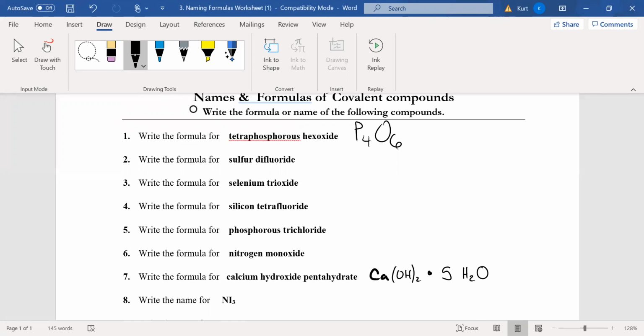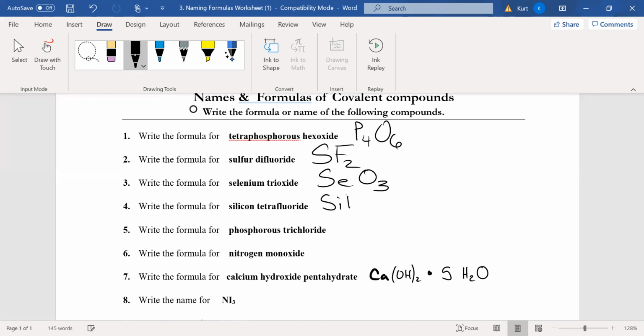All right, let's go to John, Dennis, sulfur difluoride. Capital S. You don't need to say capital, it's just, F2. That's correct. Emma, selenium trioxide. SeO3. Okay, Nick, silicon tetrafluoride.